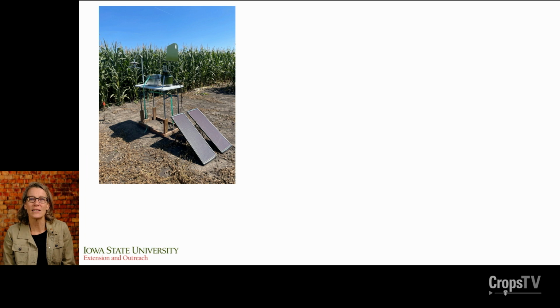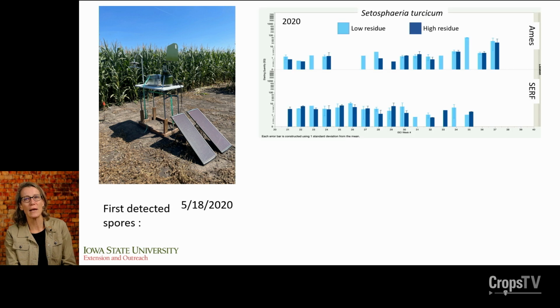So this is one of my sites at the Southeast Research Farm. You can see the Burkard spore sampler there, and then also the little spinning slide sampler, which are both powered by solar panels. These are put in the middle of our trial. That corn that you see in the background is the trial that we were assessing to see how much disease was there. This is data from 2020, and Setosphaeria turcica would be the northern corn leaf blight fungus.